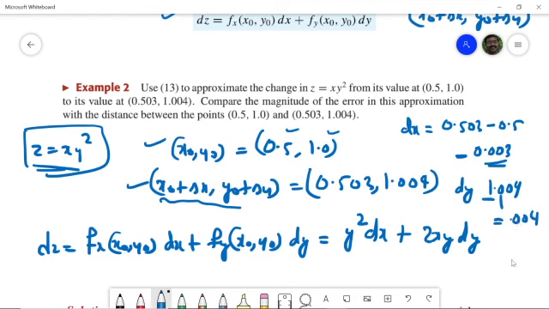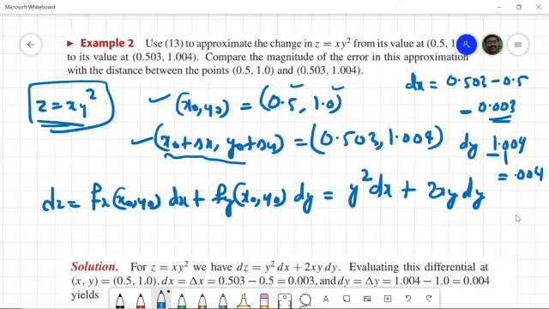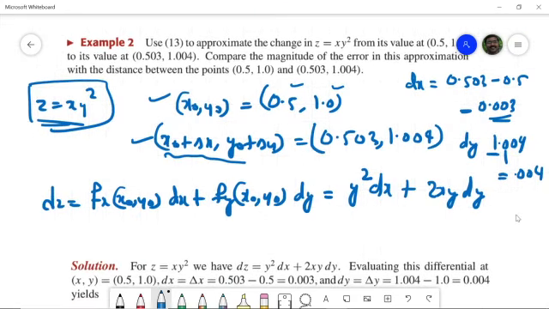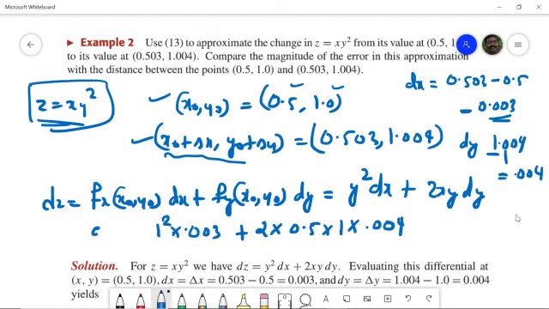Okay, so our dz would now be computed as y square into dx. So y square, with y0 equal to 1, is 1 square into dx, which is 0.003, plus 2 into x value 0.5 into y value 1 into dy, which is 0.004, and this way you will get the value of the change in z. Okay, so read the question.